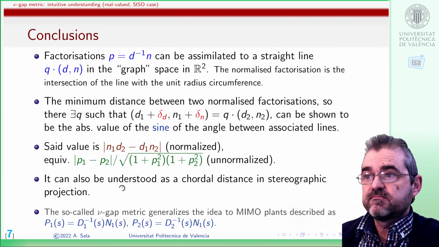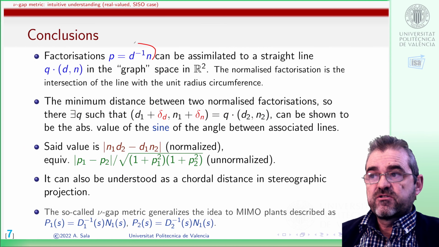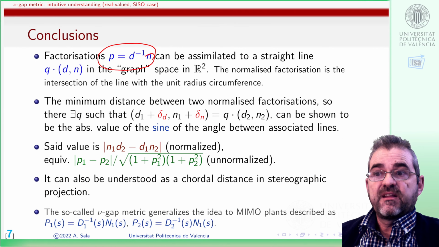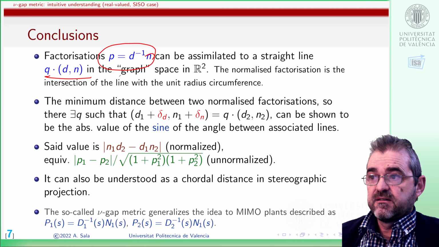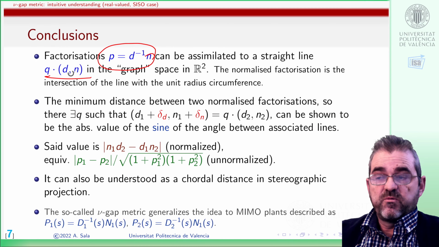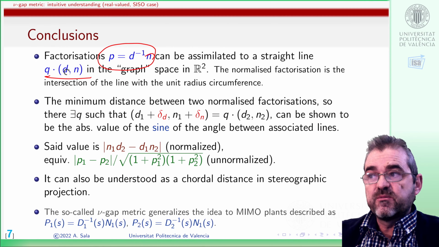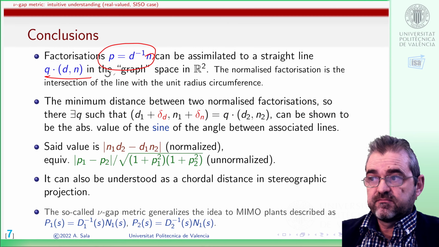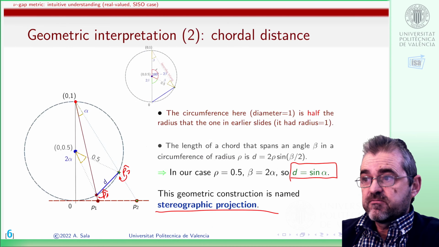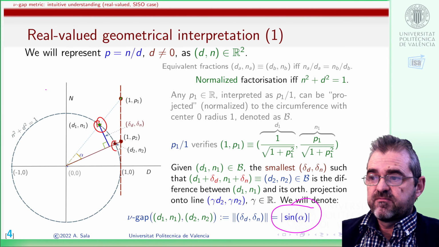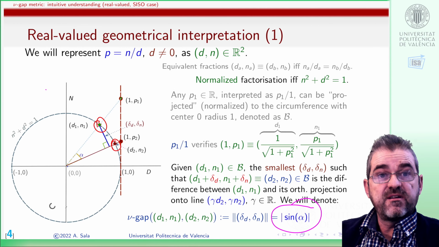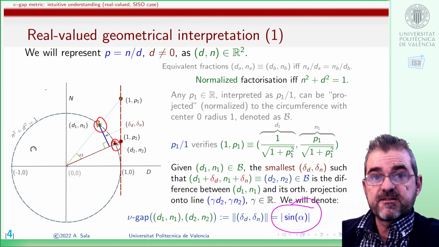So let us summarize. Factorizations of a number can be assimilated to a straight line in a space in which we plot numerator and denominator in a plane. The normalized factorization is the intersection of those lines with the unit circumference.